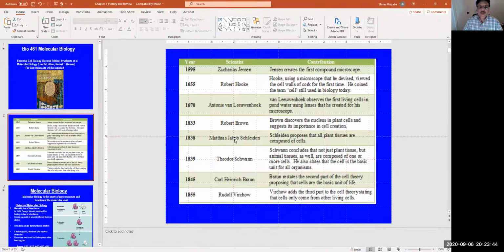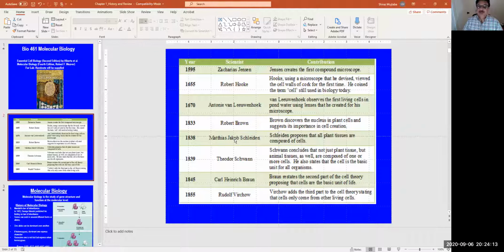As early as 1595, Zacharias Jansen created the first compound microscope. In 1655, Robert Hooke, using that microscope, looked at the cell walls of cork for the first time, and he coined the term cell.